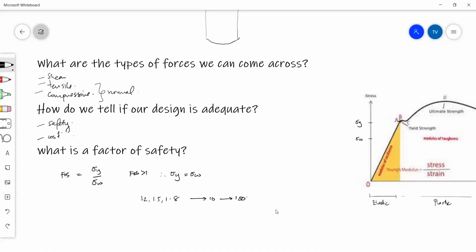Okay, so while there is no technical limit to the factor of safety that we should have, there is always that fine balance between, am I just over-engineering this? Or does it actually need this factor of safety? Do I actually need to make it bigger than it needs to be? Where do I draw the line? And that is what the factor of safety is basically. It's where you draw the line.